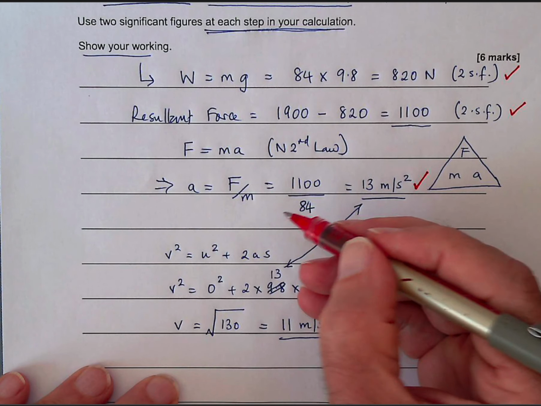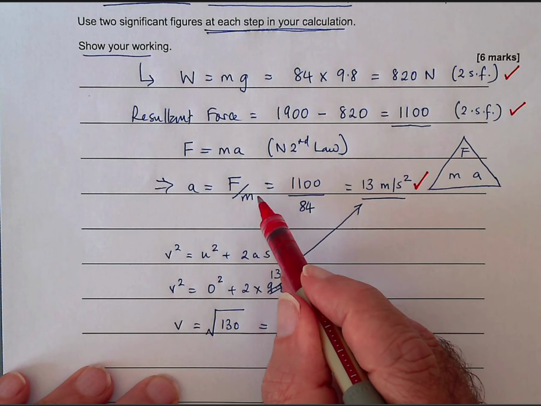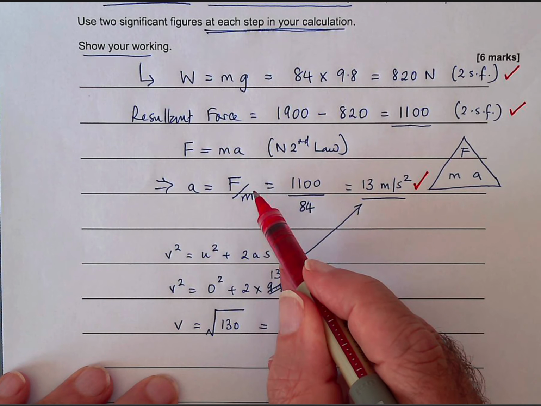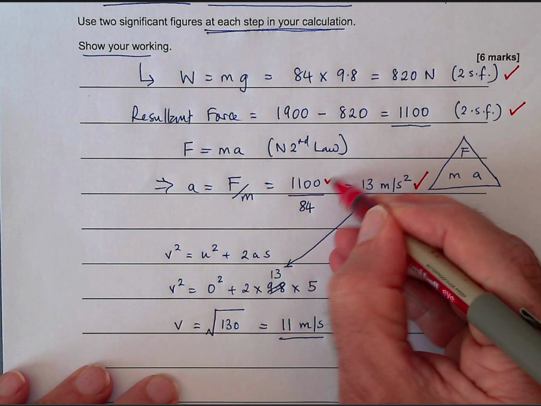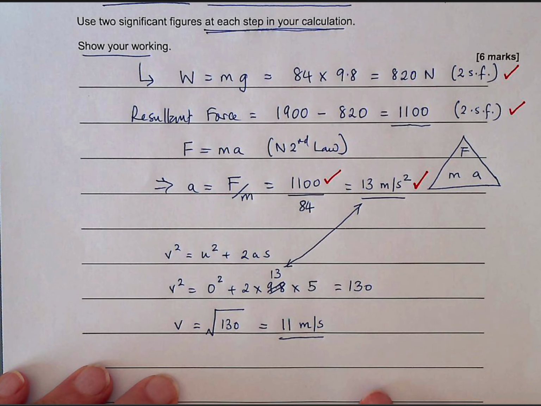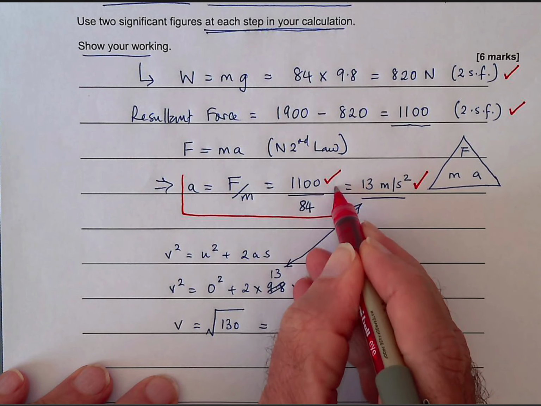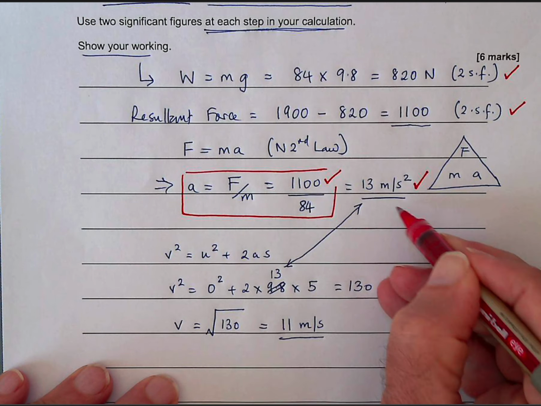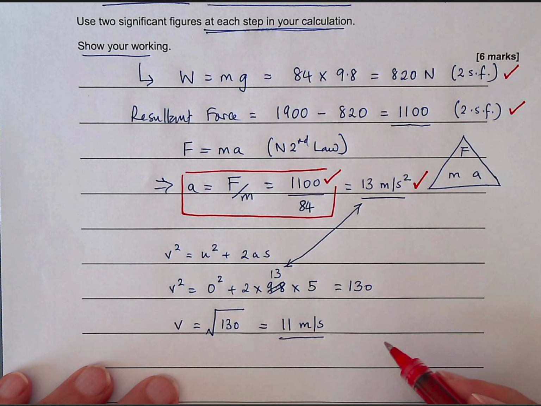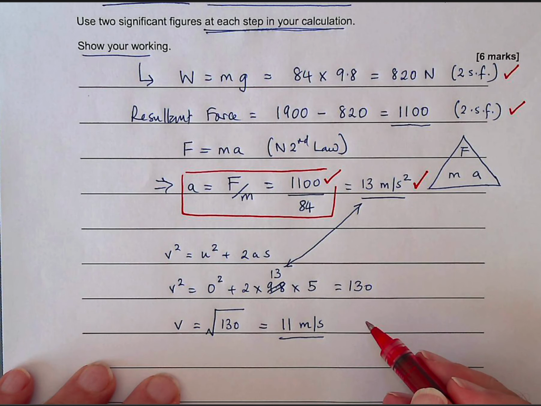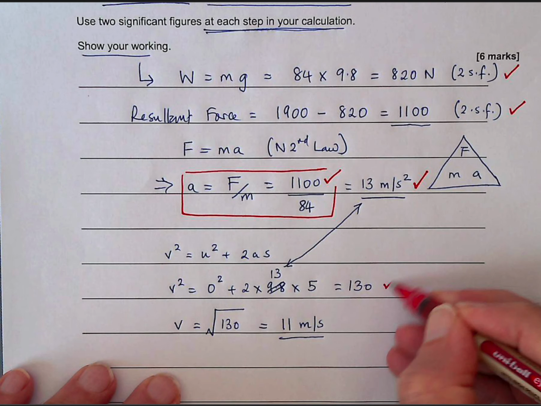But you also have to change the equation round. I think they've given you a mark for doing this triangle, knowing which way to rearrange the equation. So 1 mark for doing the rearrangement with the numbers in, and 1 mark for the answer. And then the final one, putting the numbers into v squared equals u squared plus 2as.